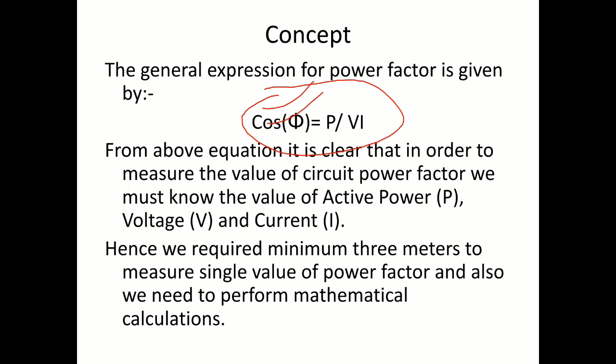So ultimately this process is lengthy and time consuming, and because it requires three different instruments, the answer we get via this equation is a little bit different from the actual value of cos phi.